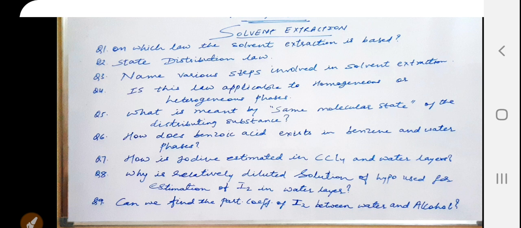You can answer very simply: it's 1% solution of 8-hydroxyquinoline. Then they could ask, what is the other name for 8-hydroxyquinoline? It is called oxime. And in what solvent do you prepare this solution? You prepare it in chloroform.